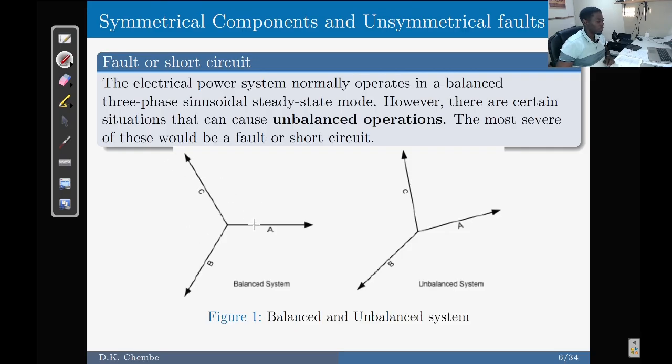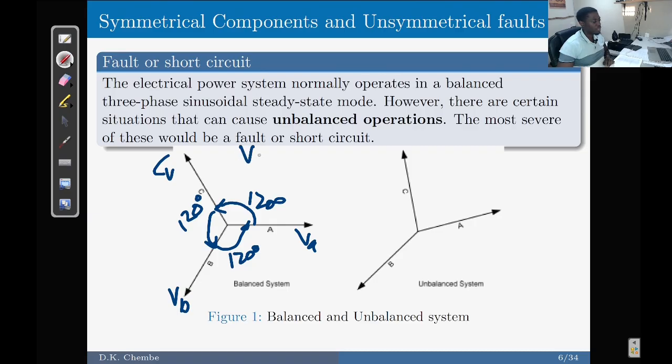In a balanced system, we have the angles between the phases maintained at 120 degrees, electrical degrees. So you've got 120 degrees there, 120 degrees. And equally in a balanced system, the magnitudes of these phases, so VA, for instance, VB, VC, all these magnitudes are going to be the same. Whereas in an unbalanced system, what you notice is that the phase angles are not balanced.